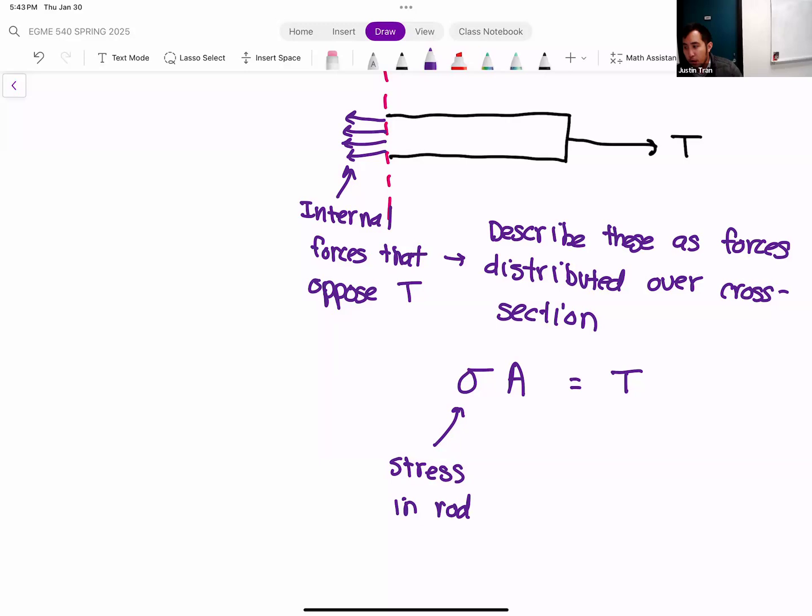To solve for sigma, we divide both sides by A. And so we get sigma, or stress, equals force divided by area.